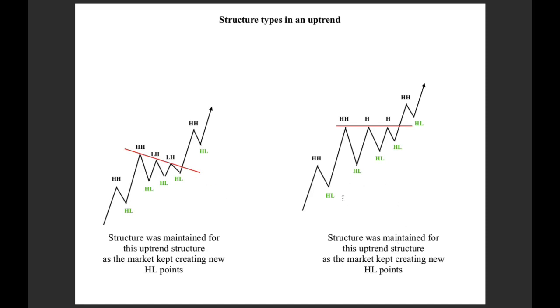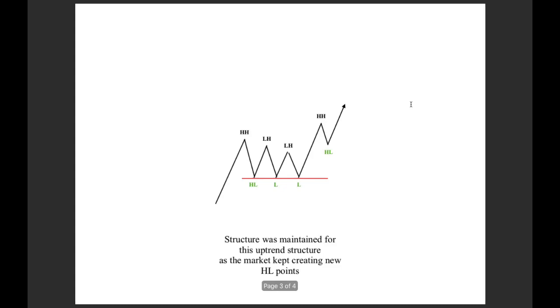Here's another example. Higher lows over there, and then the market finds a higher high and sits at a resistance, but continuously makes higher low points. In the next example, the market made a higher high, we created a higher low, and the market literally sat on that higher low point.